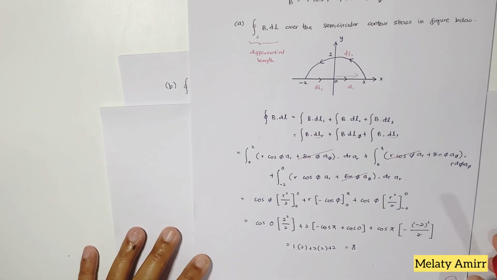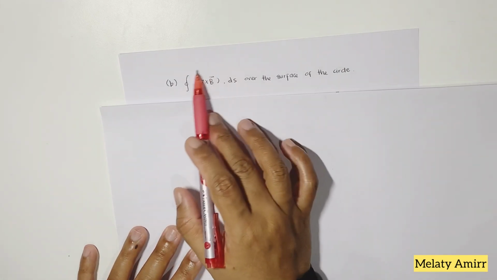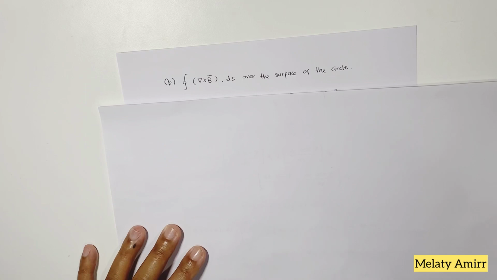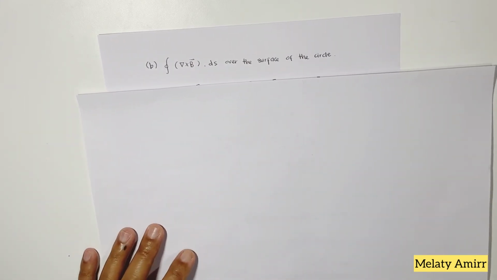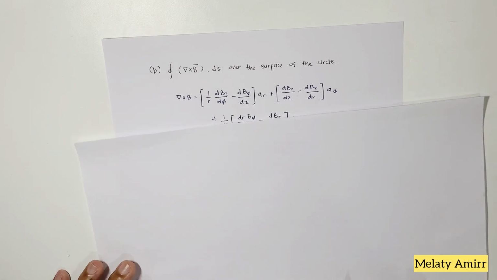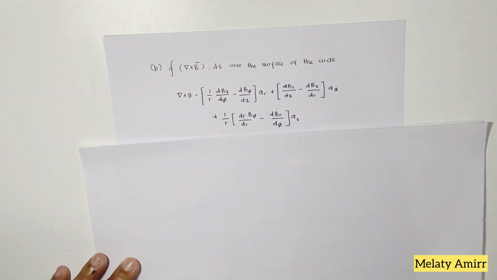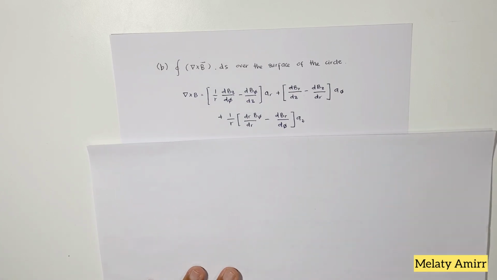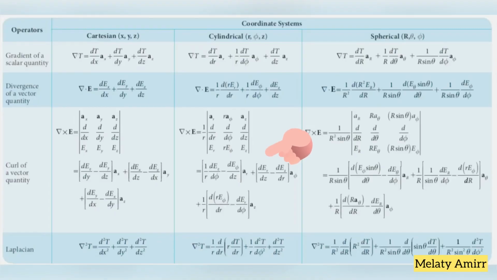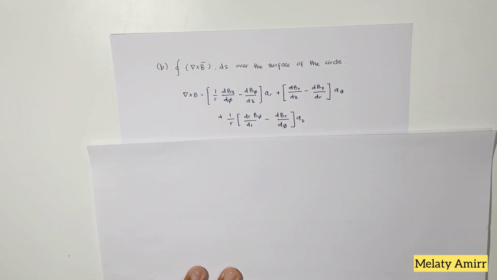So you want to apply Stokes' theorem, so make sure that the solution of this equation must equal 8, so that you can prove that this is Stokes' theorem. First, we need to solve del cross B, so refer to the table given. Del cross B under the cylindrical coordinate system.